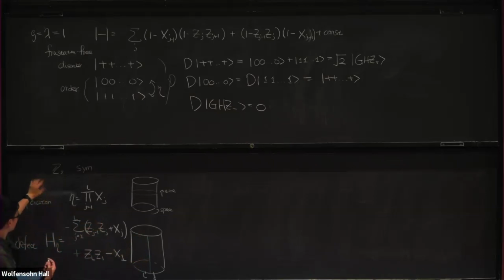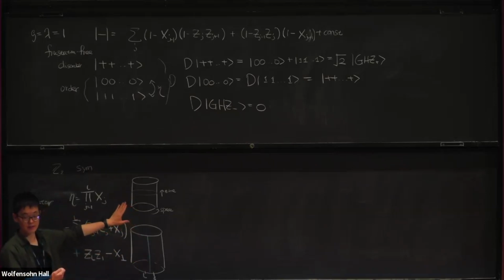So when we talk about symmetry, we not only have to talk about the operator that implements the symmetry on the Hilbert space, you also like to talk about the defect that's associated with it. One reason is because in the continuum, they're kind of the same thing in Euclidean space-time.